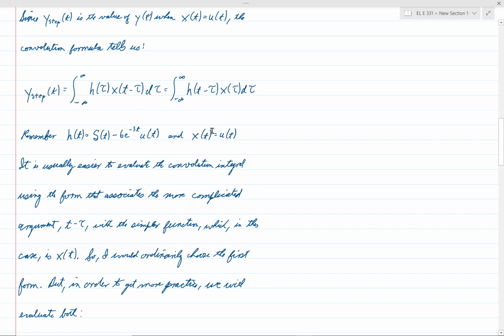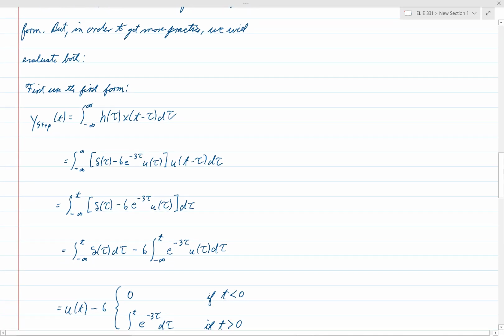Now in this case, here's x and here's h. To me, x is a lot simpler than h, so I will choose this form. And actually, I'm going to show you how it works out both ways, but I feel like doing it this way is simpler. That's the way I'll do it first, and then I'll come back and do it the other way. So let's see how it goes.